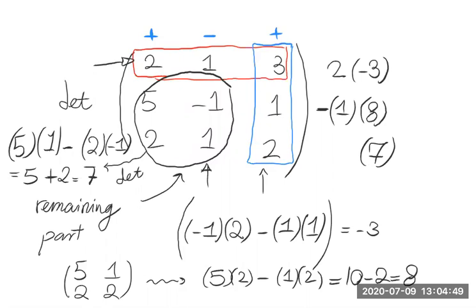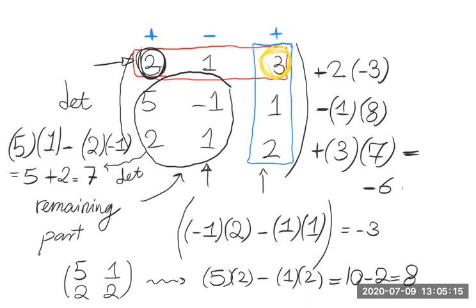Look at the multiplication of 7 with this number here in the intersection of this row and this column. And because above 7 we have positive here, we put positive. Above 2 here we had positive, we put positive here. Okay, let's compute these numbers. 2 times minus 3 is minus 6. 8 times 1 is 8.